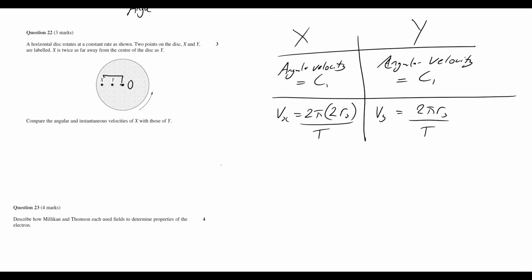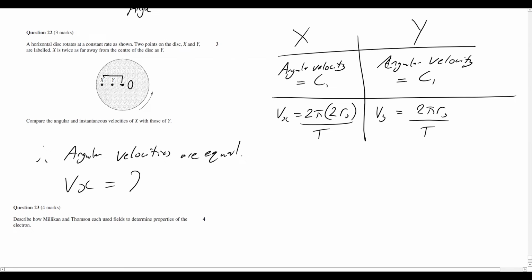So what does that tell us? Now that clearly tells us, we can say, therefore, angular velocities are equal. Vx is equal to 2 times Vy for instantaneous velocities.